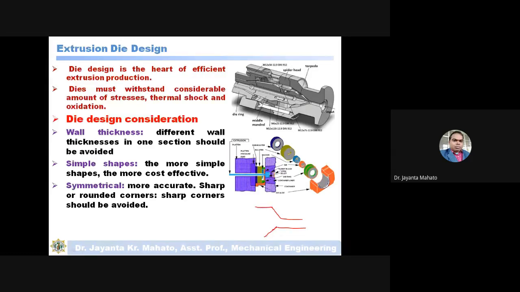Okay, so this corner could be rounded to flow the material. Okay, properly. This corner should be rounded.